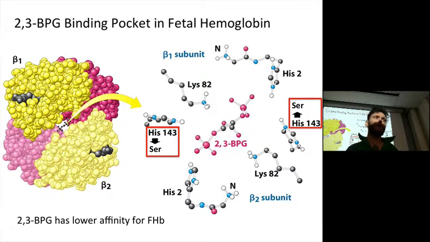So the binding curve is going to shift towards the right or the left. What do you think, Matt? Left. To the left. Okay. And what's going to be the consequence of this? What do you think, Haley? Oh, Jacob.